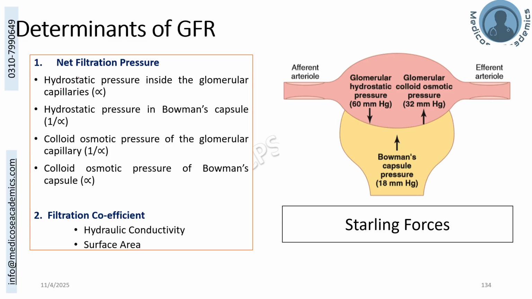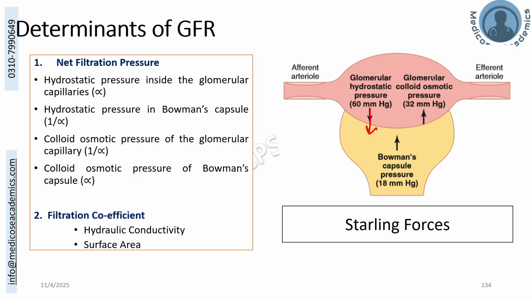Now, in case of net filtration pressure, the GFR or the filtration is directly proportional to the hydrostatic pressure in the glomerular capillaries. The more the glomerular hydrostatic pressure, the more it will favor filtration.